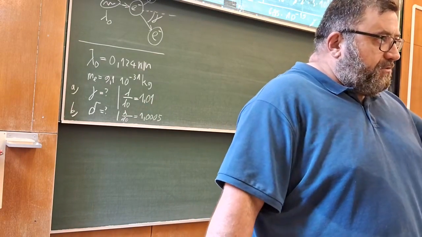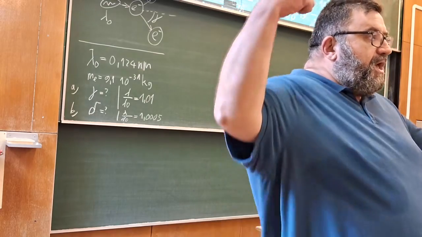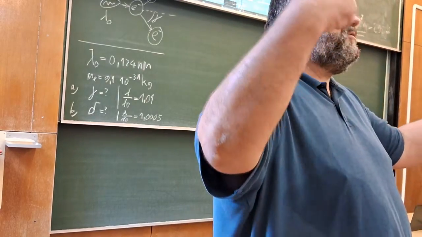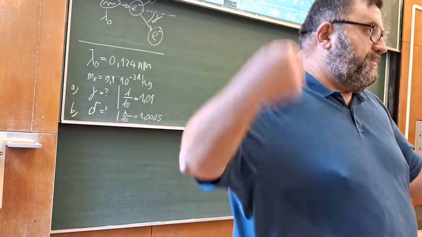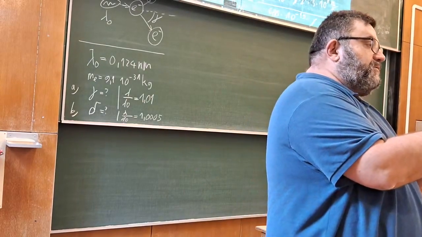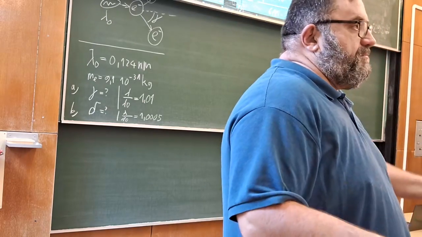We have electrons bound in an atom. We have high energy photons called gamma ray radiation. One photon hits the electron and gives energy.